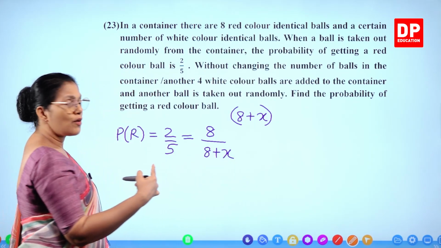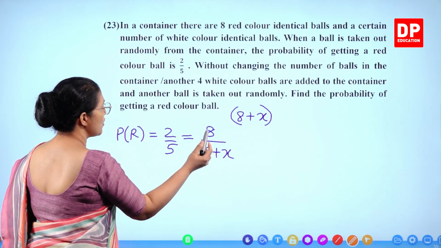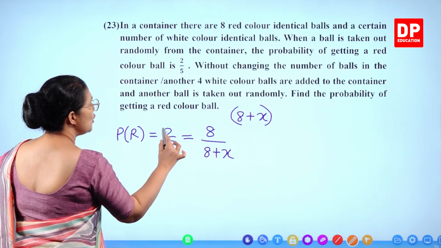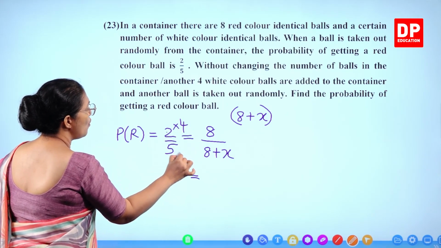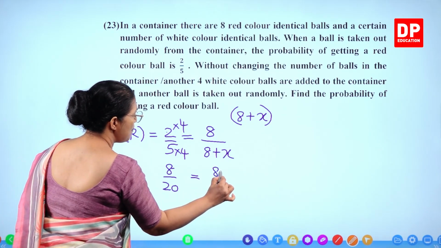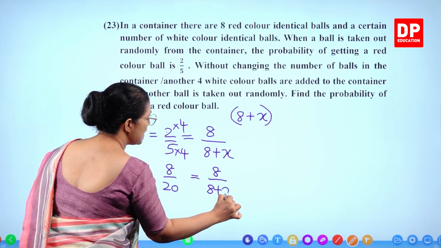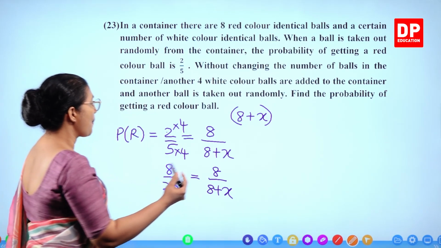So we can find out what was the total. So you can cross multiply or you can make it to the same numerator. So this becomes multiplied by 4, you get 8 over 20. So the same denominator means the total is 20. So 8 plus x is 20.